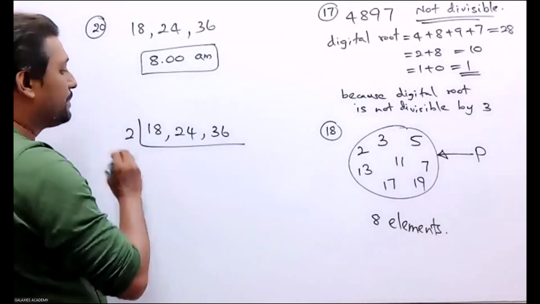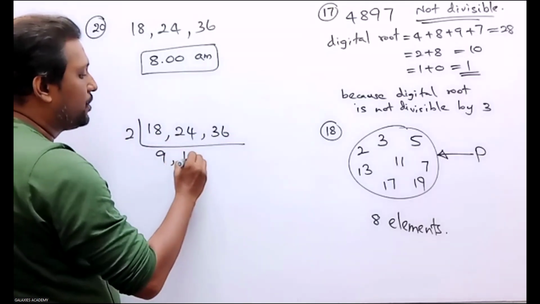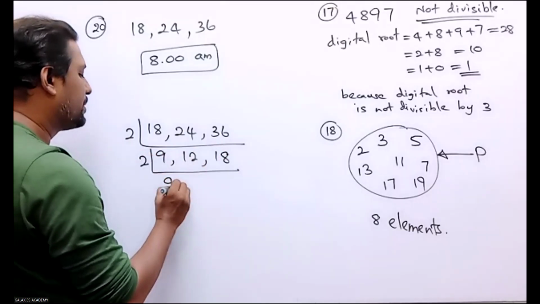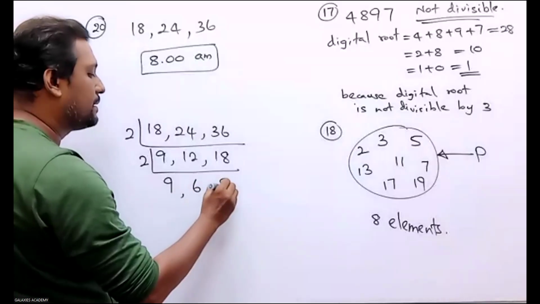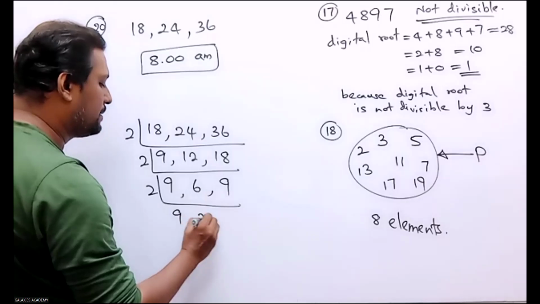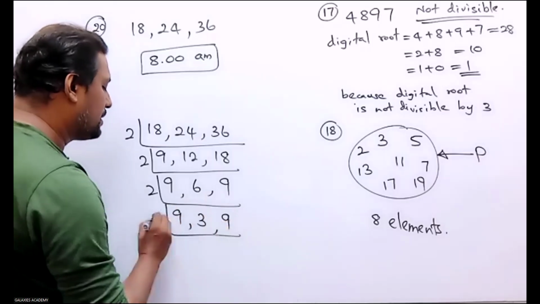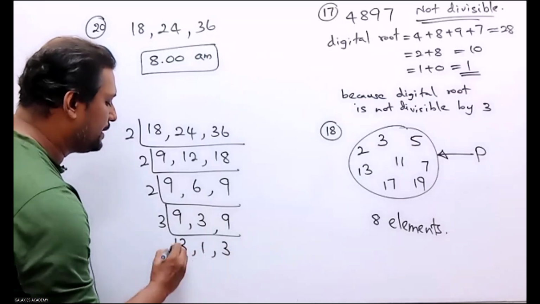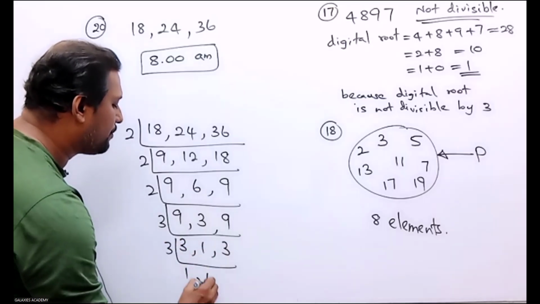You can divide by 2: 18, 24, 36 gives 9, 12, 18. Divide by 2: 9, 6, 9. Divide by 2: 9, 3, 9. Now we can divide by 3: 3, 1, 3. Divide by 3: 1, 1, 1.